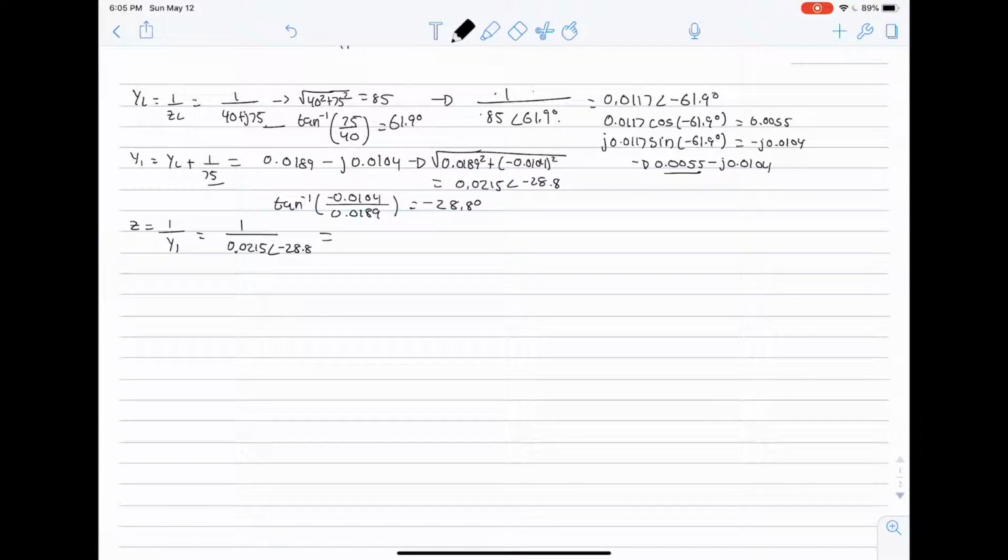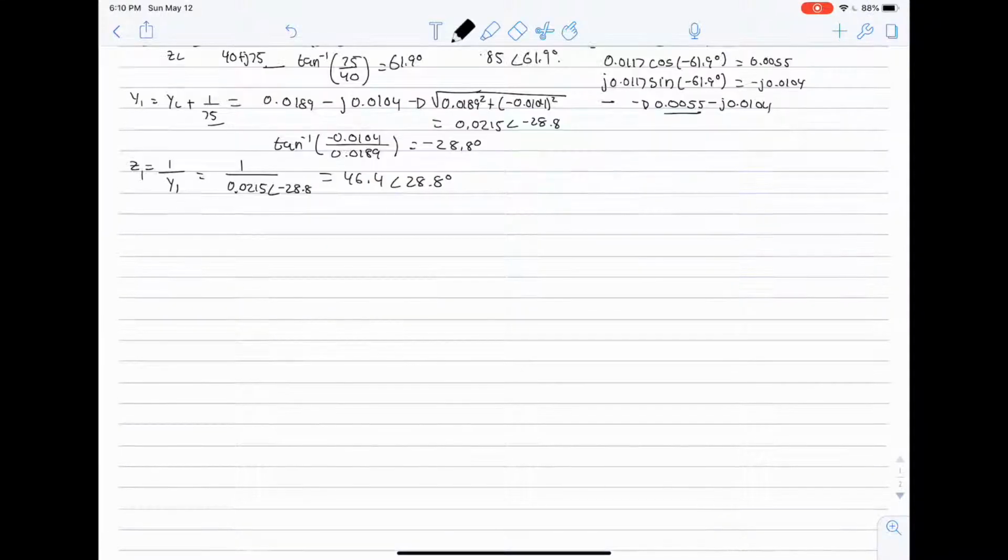Again, we're going to divide the magnitudes and subtract the angles. We get 46.4 and 28.8 degrees. So now we can convert it into complex form, similar to what we did over here. So we would get 40.7 plus J 22.4.